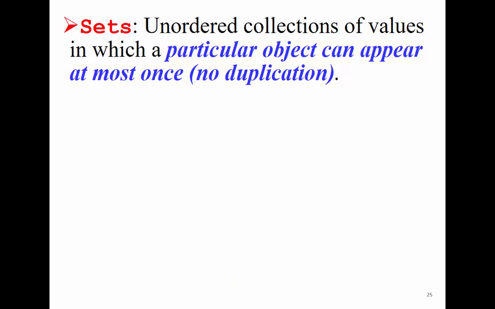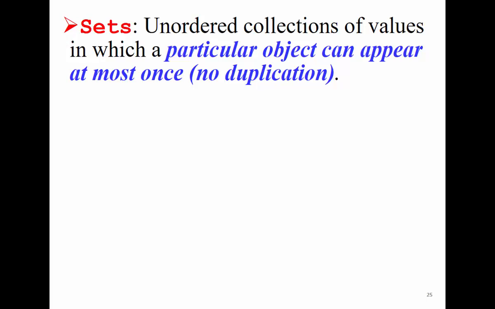So a set is an unordered collection of values. What's important for us is to check if the element is inside the set or not. We do not allow duplicates inside the set. It's like mathematics: you cannot allow duplicates inside a set. That means in the list, you allow duplicates.